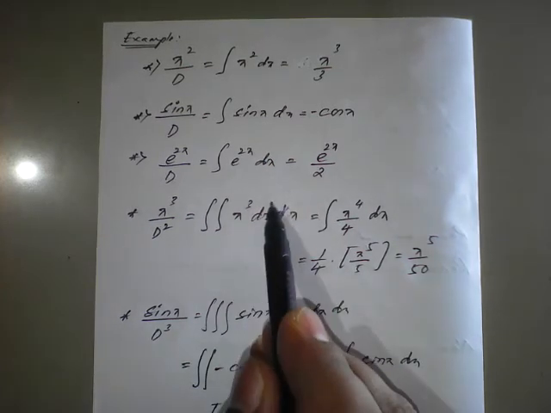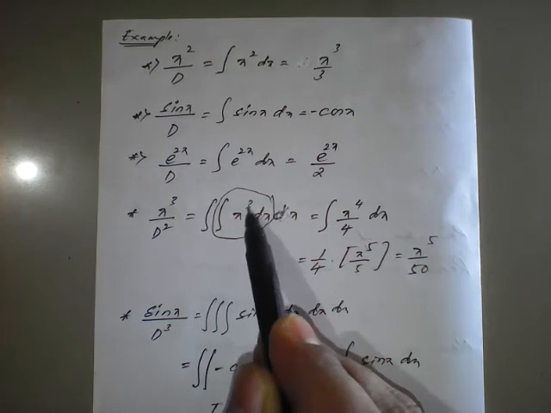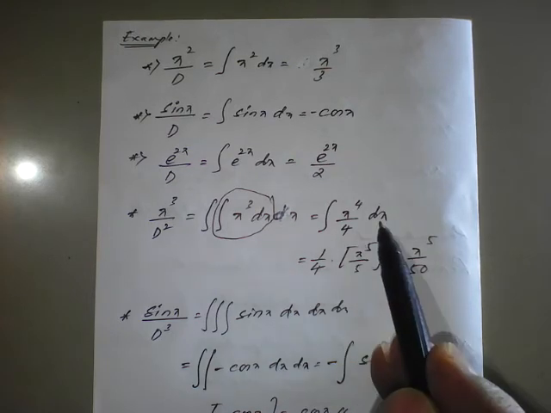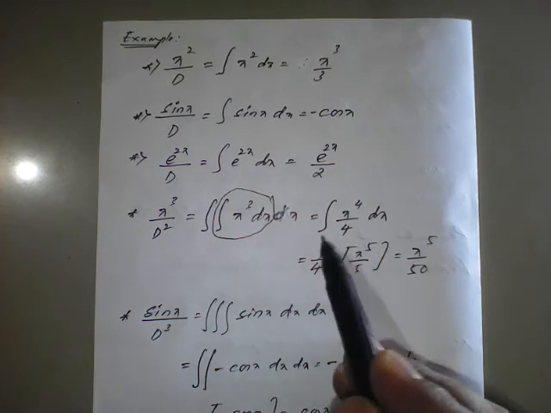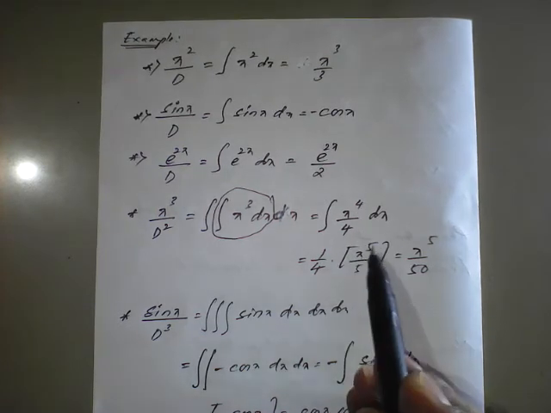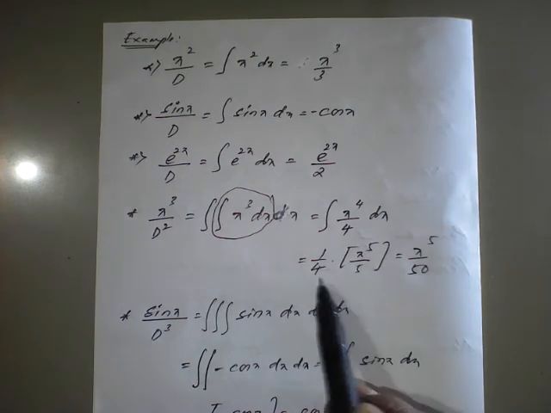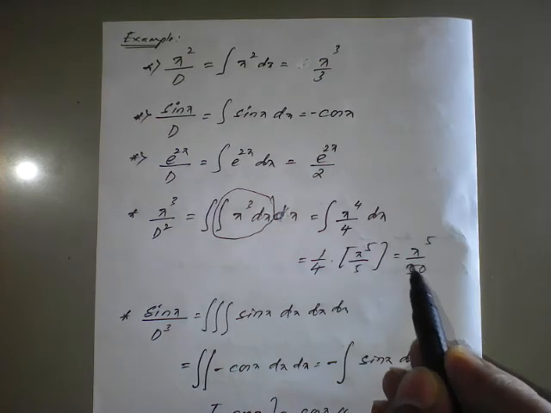The first time integration of x cube is x raised to 4 upon 4, and dx remains. This 1 upon 4 I have kept outside. Integration of x raised to 4 is x raised to 5 upon 5. Therefore x raised to 5 upon 4 times 5 is 20.